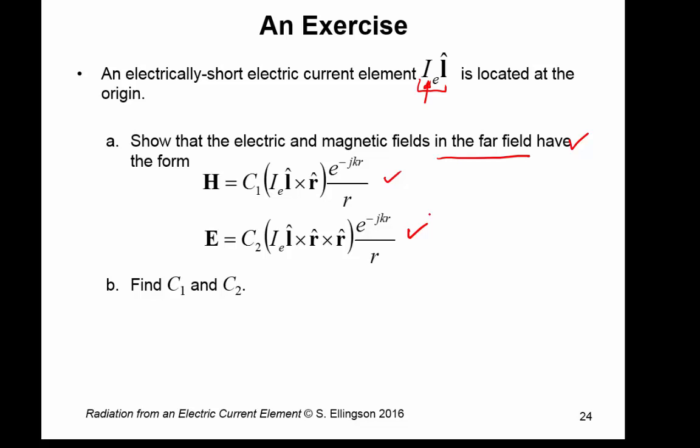You see simply L hat, which is the direction in which the electric current element is pointing, and then R hat, the direction from the origin to the field point. I claim you can get expressions in this form, and I'm asking you to do that and then find out what these coefficients are, C1 and C2. And I'll just give you an additional hint here. Once you think you've got it, you can do dimensional analysis and make sure that those coefficients are dimensionally consistent.